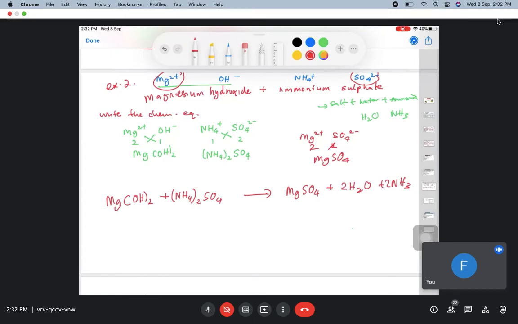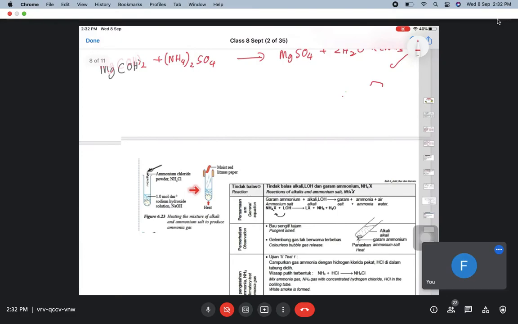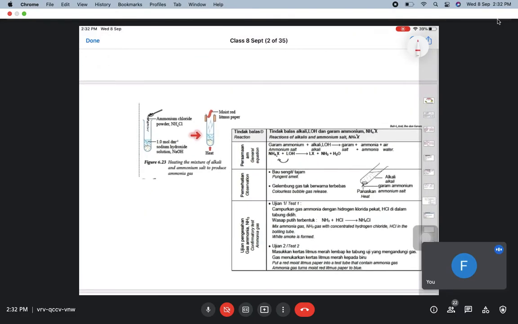So 4H, 6. Okay, 10H here and 10H here. So it's already balanced now. So this is what you have to know for the properties of alkali.